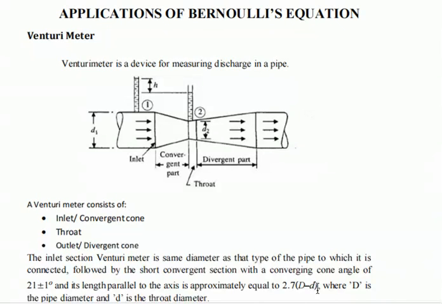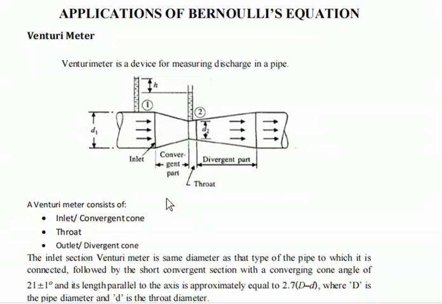Capital D is nothing but the diameter of the pipe, and small d is nothing but the diameter of the throat. So the length of this convergent part should be calculated by using 2.7 into capital D minus small d.